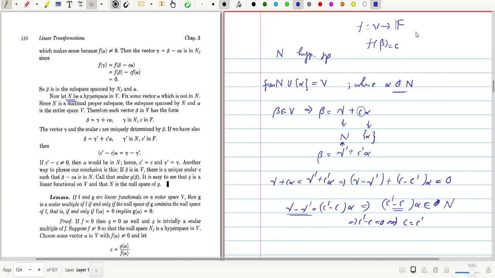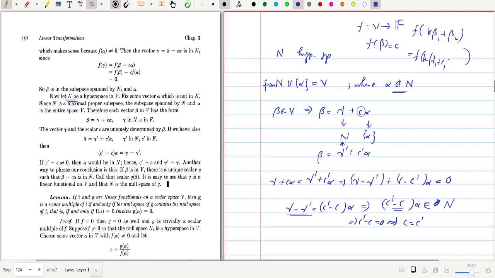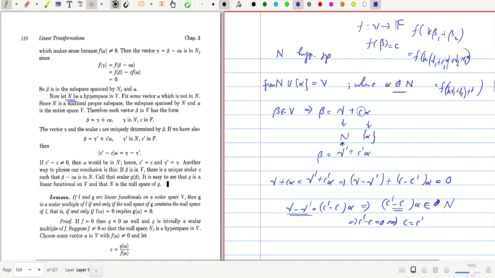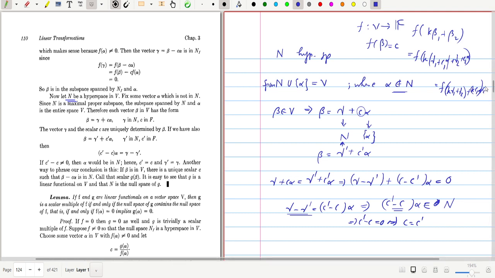Clearly this is a linear transformation, because whenever you write f of k times beta 1 plus beta 2, with beta 1 written as gamma 1 plus c1 alpha and beta 2 written as gamma 2 plus c2 alpha, this is the same as f of k times gamma 1 plus gamma 2, plus k times c1 plus c2 times alpha.